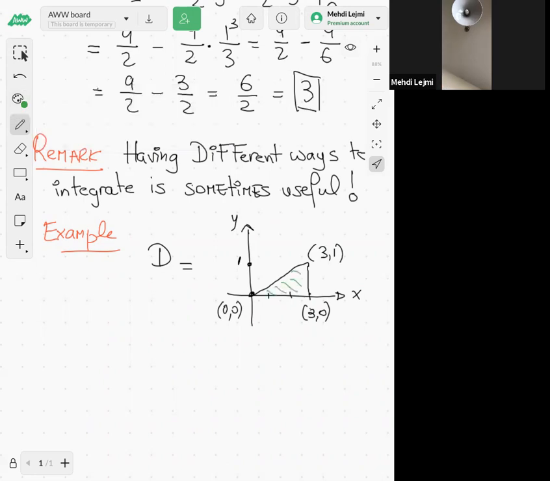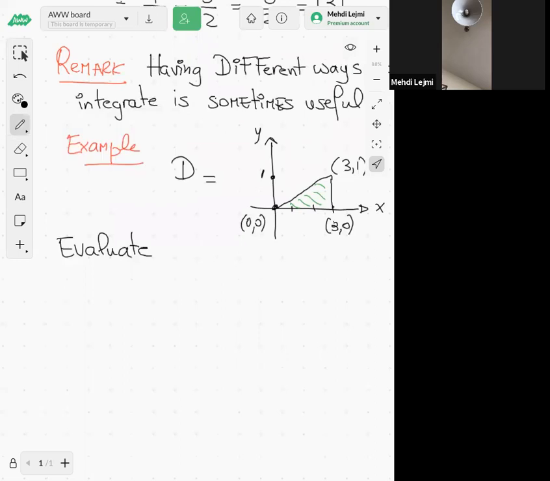Now, let's say you want to evaluate the double integral of the function e to the power x squared, dx dy, over this region D, right?